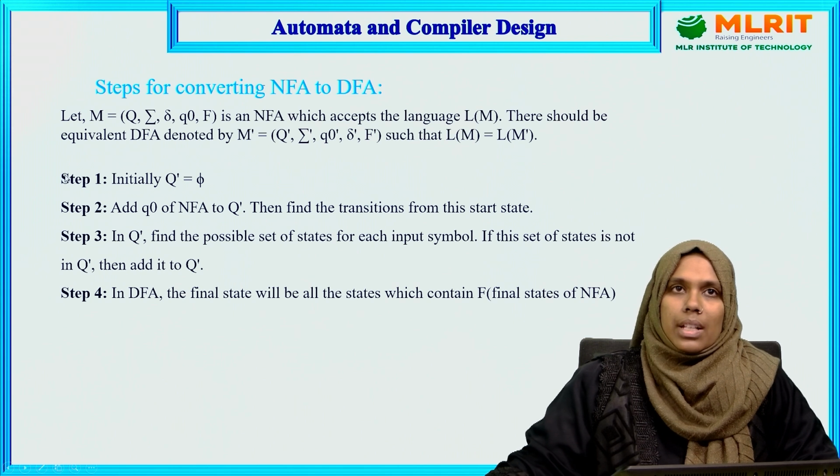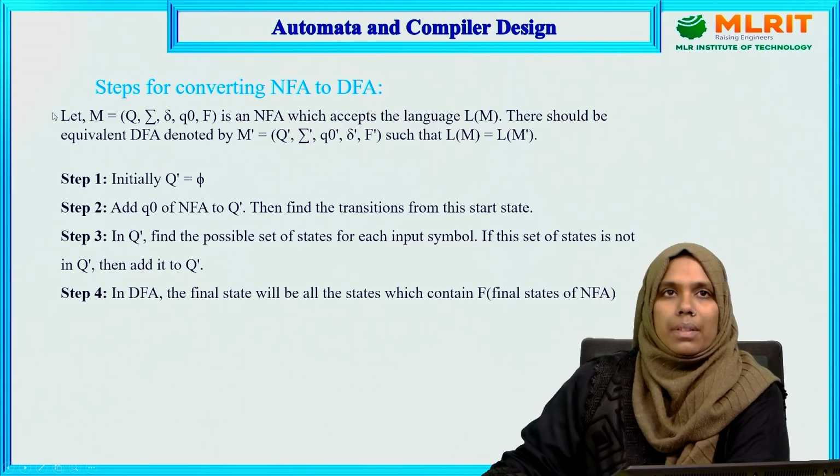Before seeing the steps, as we already know, a finite automata consists of 5 tuples: Q, Sigma, the transition function, Q naught, as well as F. Capital Q stands for the set of states. Sigma stands for the input symbols. The transition function is the formula of the transition. Q naught is the initial state, and F is the final state.